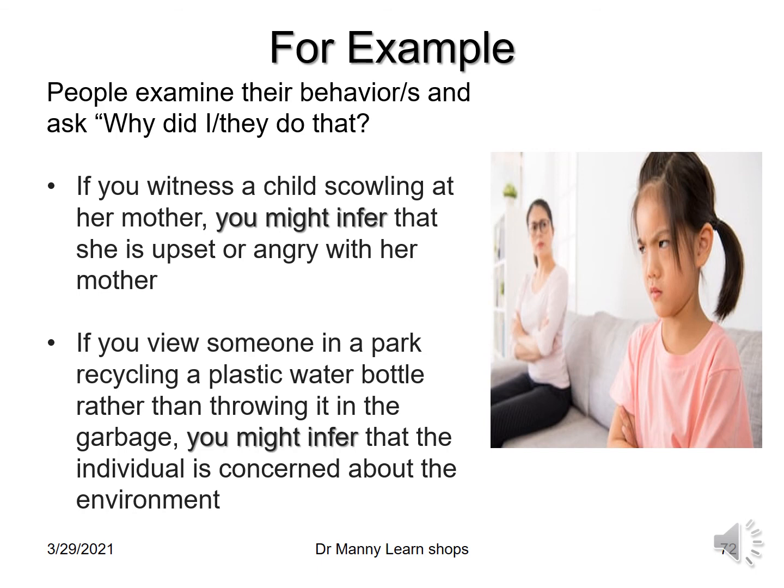If you witness a child scowling at her mother, you might infer that she is upset or angry with her mum. If you saw someone in a park recycling a plastic water bottle rather than throwing it in the garbage, you might infer that the individual is concerned about the environment.